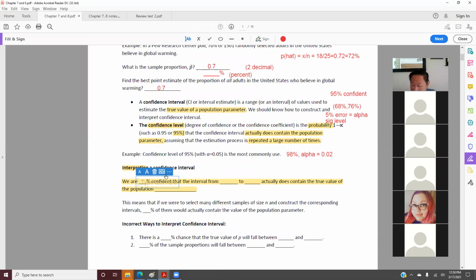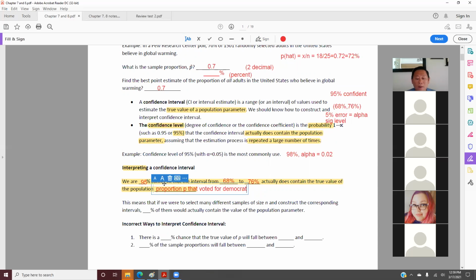We are 95% confident, because we're using 95%, that the interval from 68%, don't forget the percent, to 76% does contain the true value of the population proportion P that voted for Democrat.